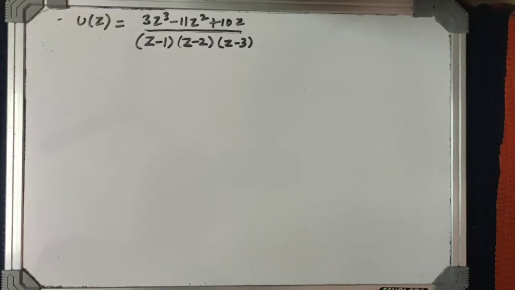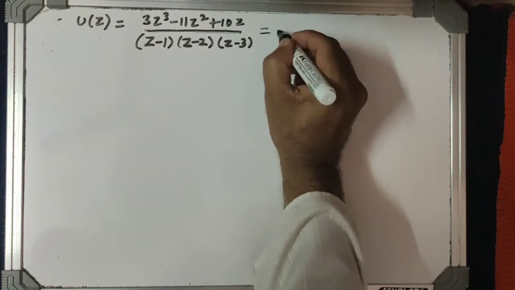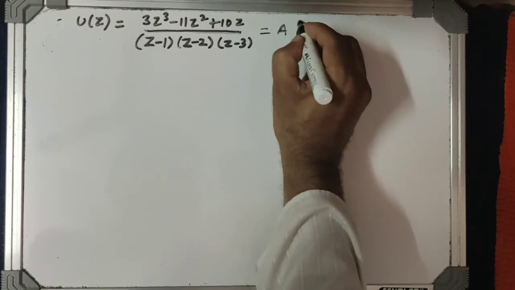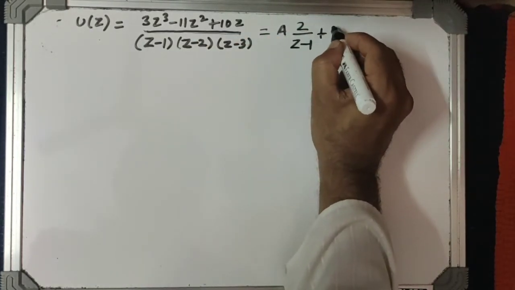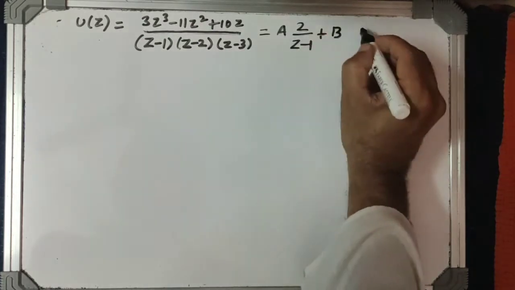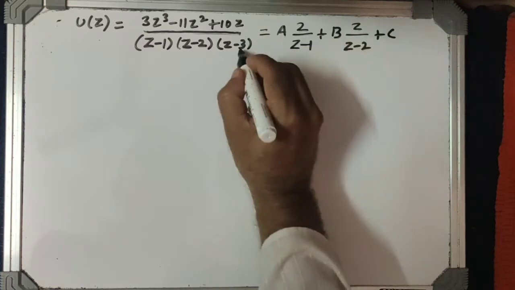So let us resolve U(z) into partial fractions as a times z by z minus 1 plus b times z by z minus 2 plus c times z by z minus 3.